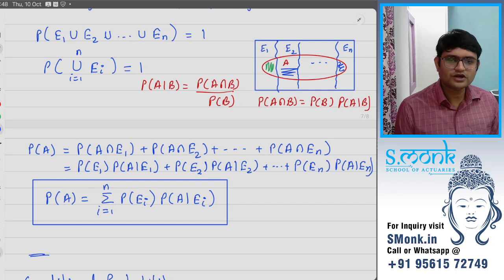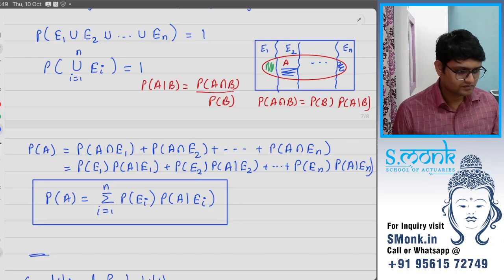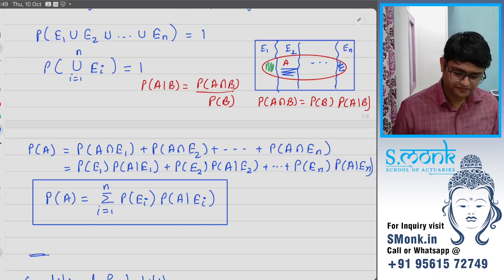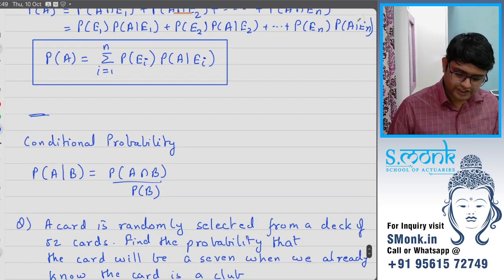Okay, this is the formula for law of total probability. Now let's take an example.